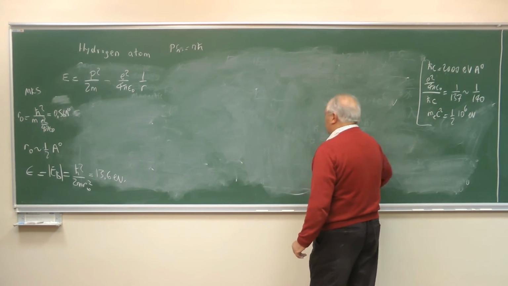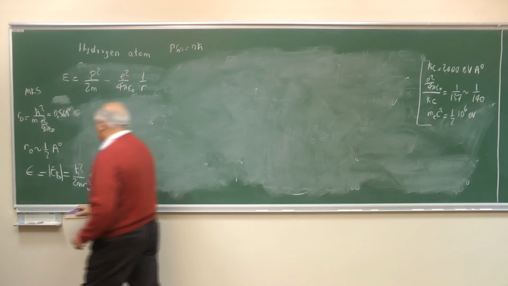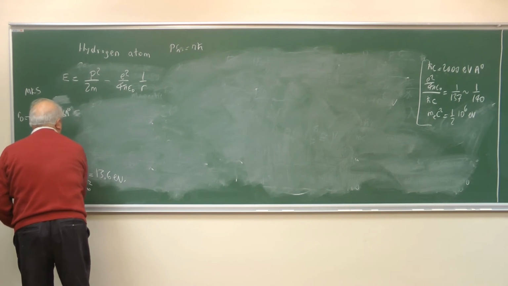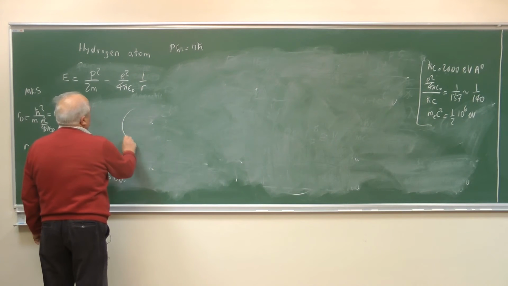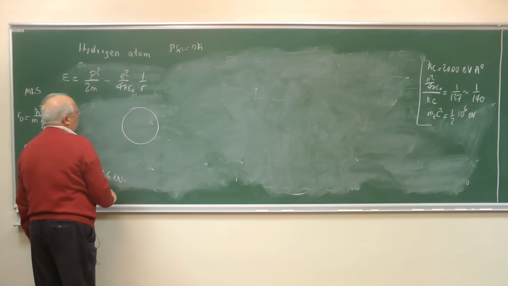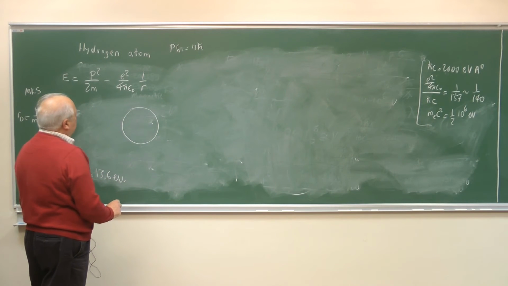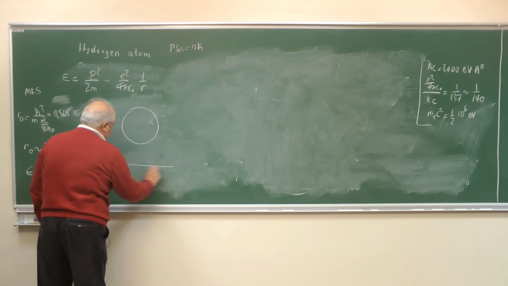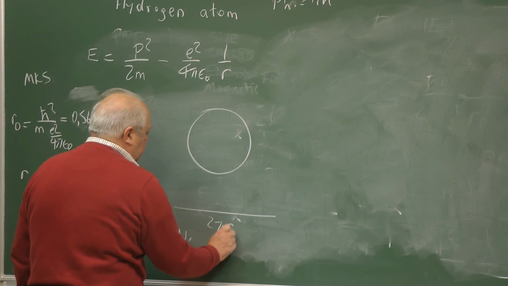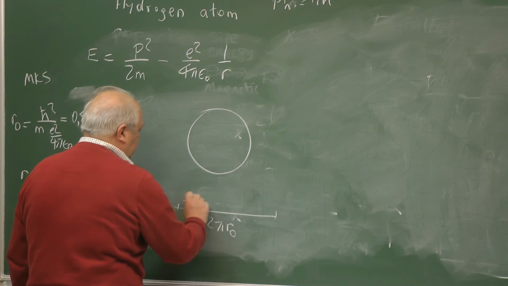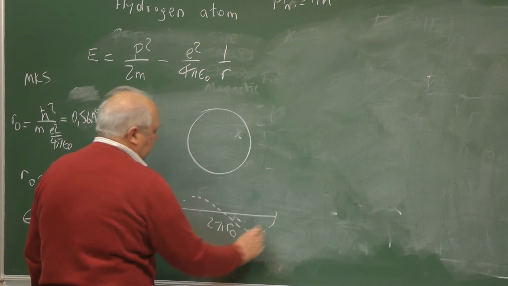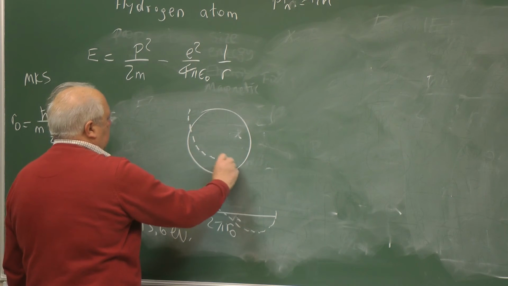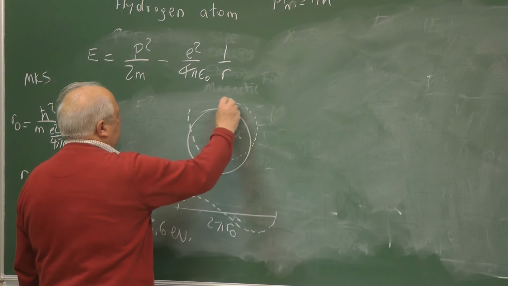Let us summarize so far. What did we do? So if this is the electron trajectory, for n equals 1, we took one wavelength. So if you just open it up, for example, this is 2 pi r0. We took one wavelength that fits to here. So never mind my drawing, but it is something like this.